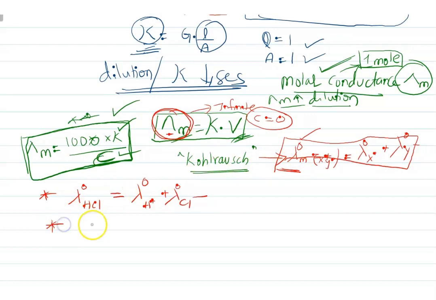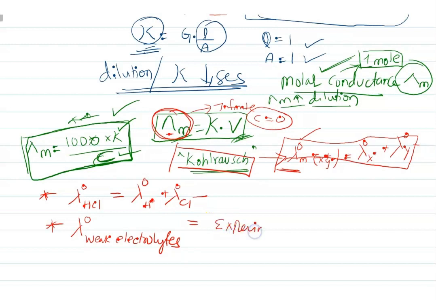So a very important application of limiting molar conductance, that is KOHLRAUSCH law, is that this law is used to calculate the limiting molar conductivity of weak electrolytes, because for weak electrolytes you cannot calculate the limiting molar conductance using experiments.